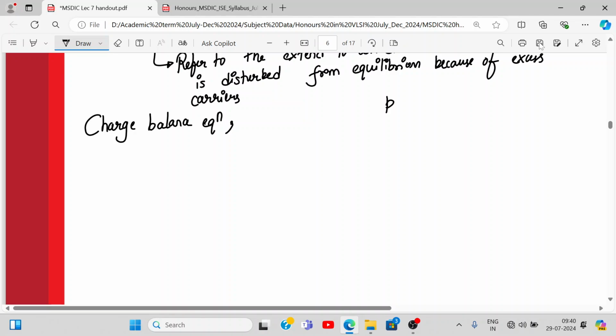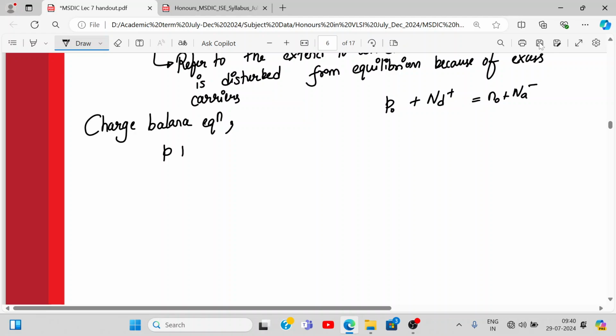Do you remember? P naught plus Nd plus is equal to N naught plus Na minus. This was the formula, right? Now how do we modify it? I'm writing naught at equilibrium. This O stands for equilibrium.